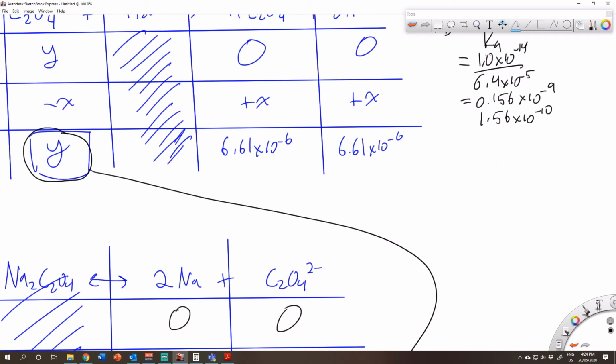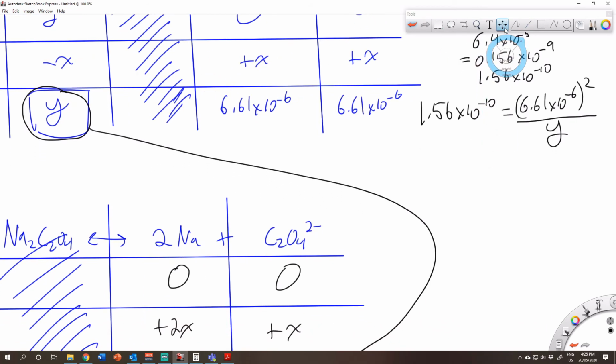According to our RICE table, this KB equation is going to be equal to 6.61 times 10 to the negative 6, and that will be squared because there's two of them, divided by the concentration of C2O4 2 minus, which I labeled here Y. All right, so then Y will be 6.61 times 10 to the negative 6, all squared, divided by 1.56 times 10 to the negative 10.